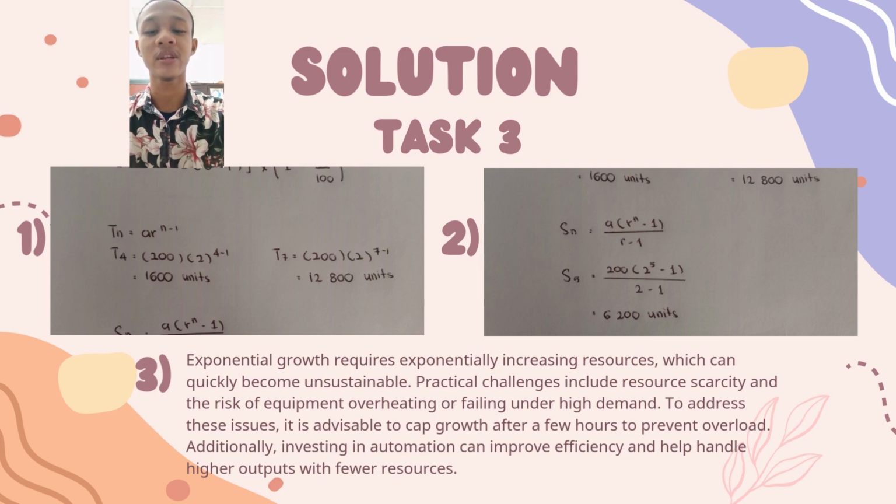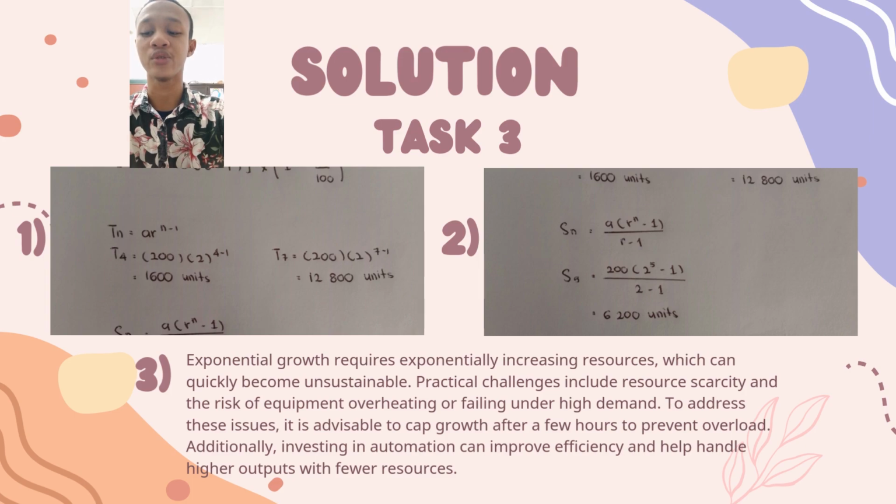And for the critical thinking question, the answer is: exponential growth requires exponentially increasing resources, which can quickly become unsustainable. Practical challenges include resource scarcity and the risk of equipment overheating or failing under high demand.